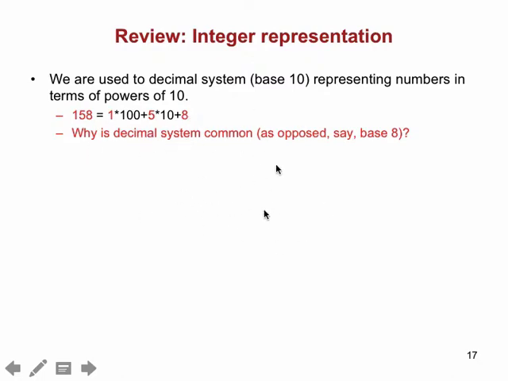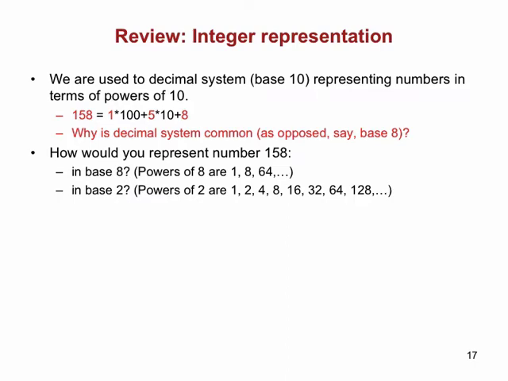Why is this decimal system so common? We have 10 fingers, so that's something we could work with. Base 8 doesn't make as much sense, but mathematically there's nothing wrong with base 8. Base 7, base 16, you name it. In practice, we're using mostly base 2.